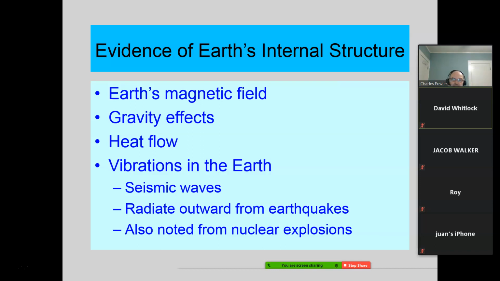Okay. Number 2, gravity effects. Okay, well, wait, what do you mean there? Gravity depends on the mass of the body. And no one can put the Earth on a scale and see how much we weigh, but we can basically deduce what our weight is, how heavy we are, how much mass we have, by how strong our gravitational field is.